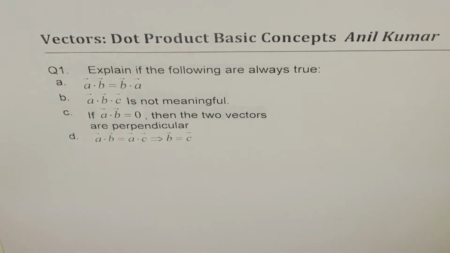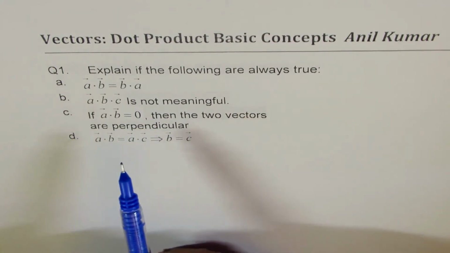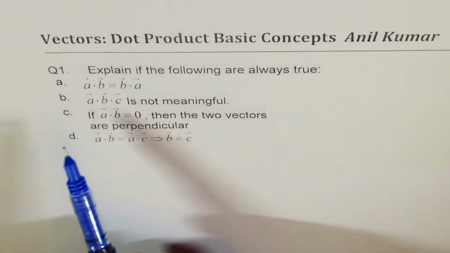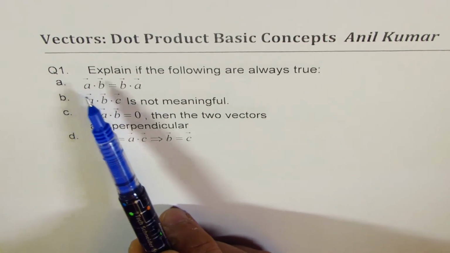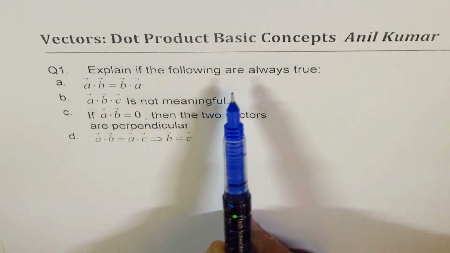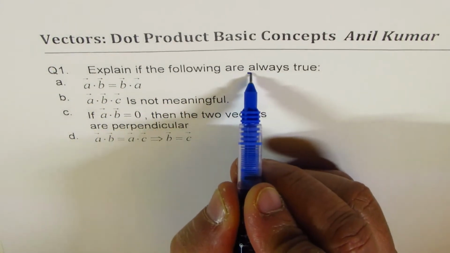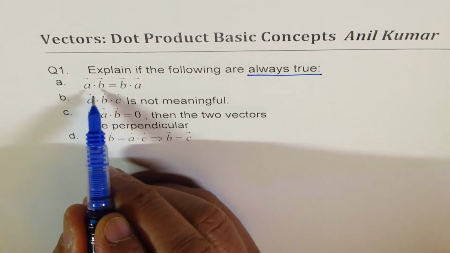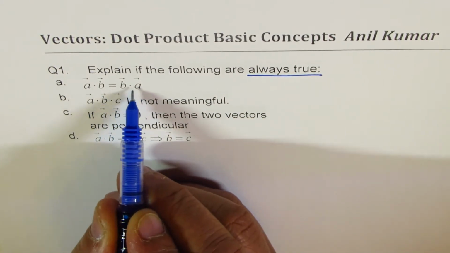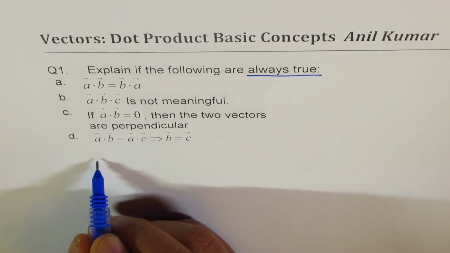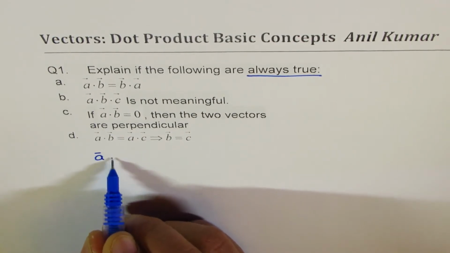Let's begin with question number 1. That will also give me an opportunity to describe what dot product is. Question number 1 is: explain if the following are always true. First one, A dot B equals B dot A. Now let's understand what the dot product is.